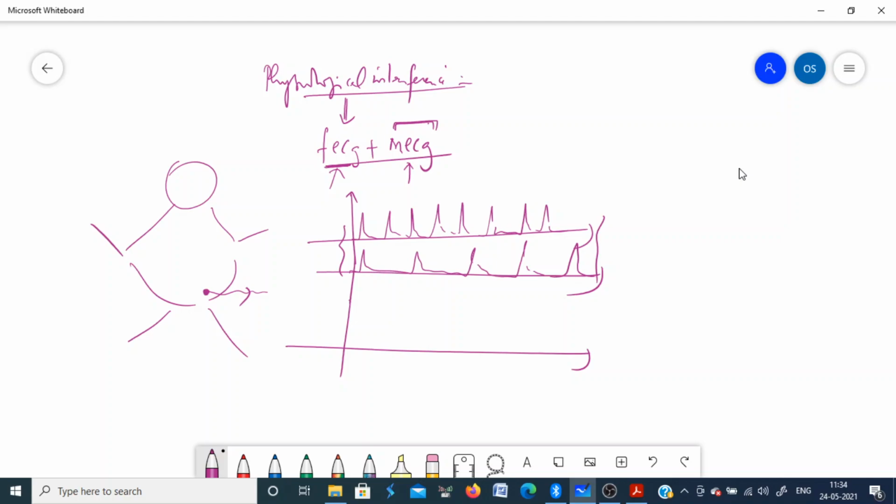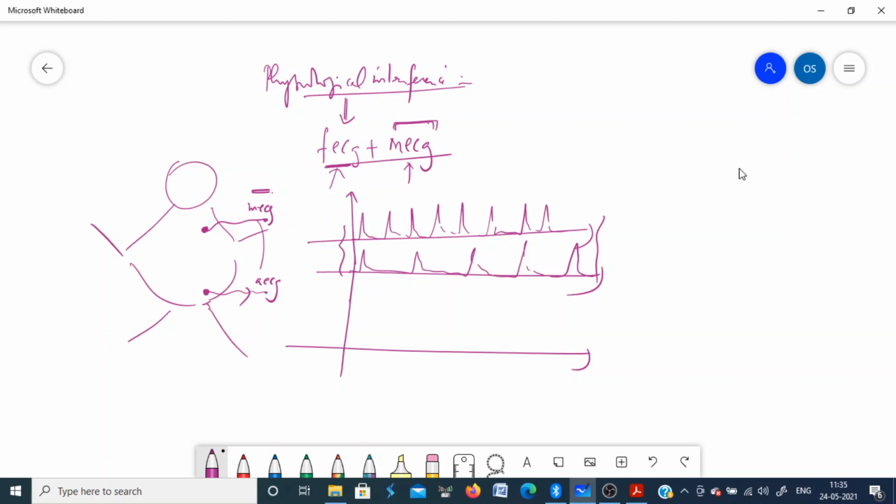But when we take the signal from the chest with chest leads, we get what we call the MECG, and the signal from the abdomen is the abdominal ECG, AECG. So you can say you can subtract this MECG because it gives only the ECG of the mother, whereas the signals which you acquire from the abdomen have the ECG of the mother as well as the fetus.